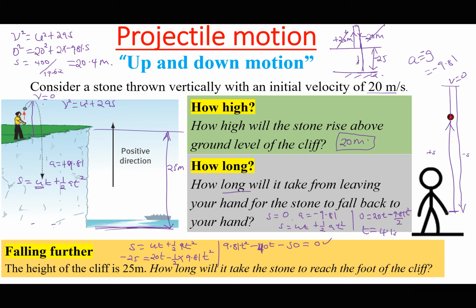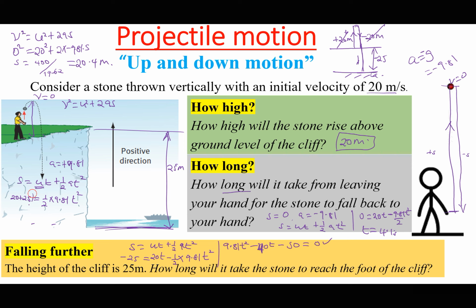So I'm getting the vertical distance from the highest point to the bottom. This distance is going to be, as already said, 20 plus 25, equal to, since initial velocity is 0, a half times 9.81, times t squared.